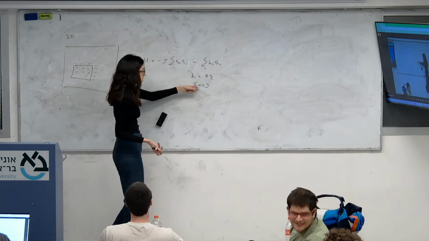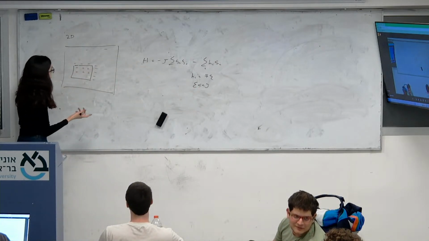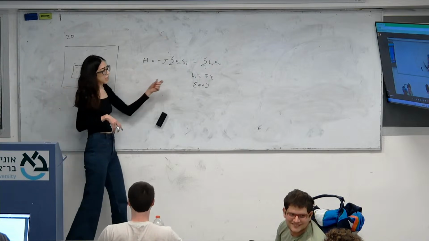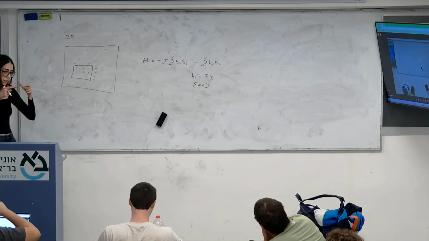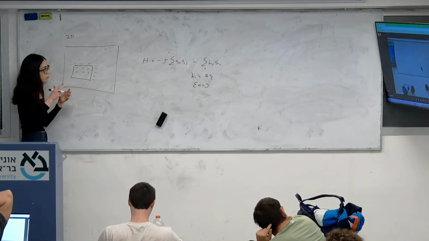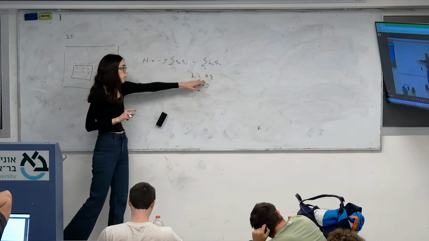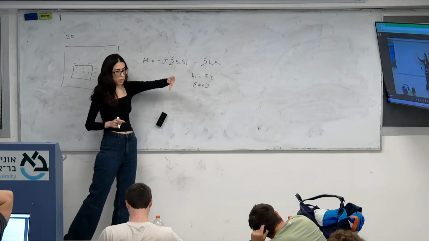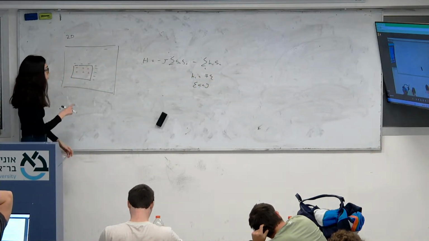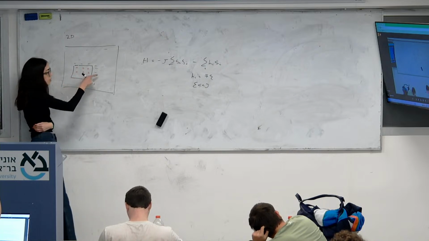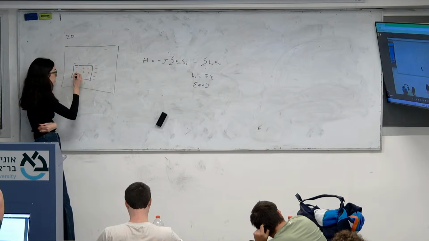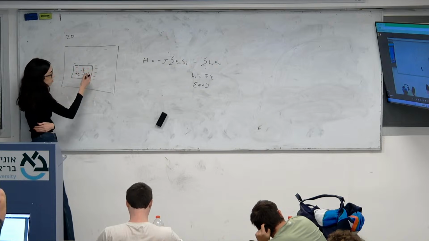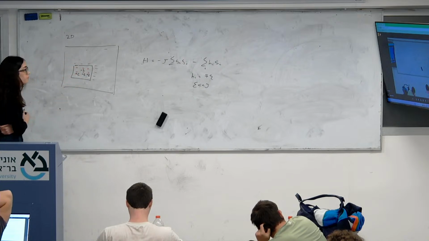But what happens if the field is random, which means I'm going to have clusters in the system where I have more plus epsilon than minus epsilon, or the other way around. So let's say I have here within this domain more plus epsilon, so I have plus epsilon, minus, but mostly plus.